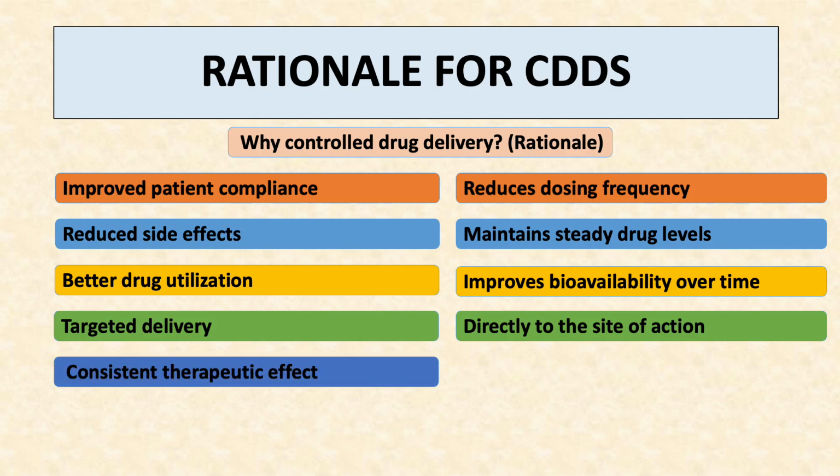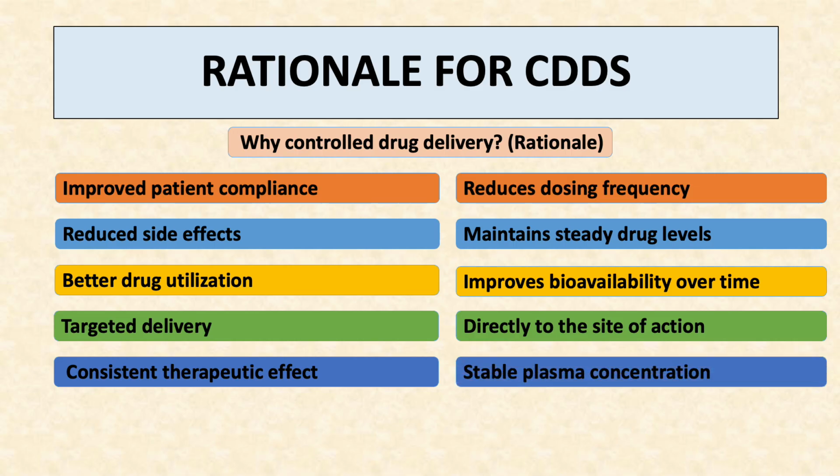Next, consistent therapeutic effect. A stable plasma concentration keeps the drug in the therapeutic window for a prolonged period. This means fewer fluctuations in drug effect and more predictable results.